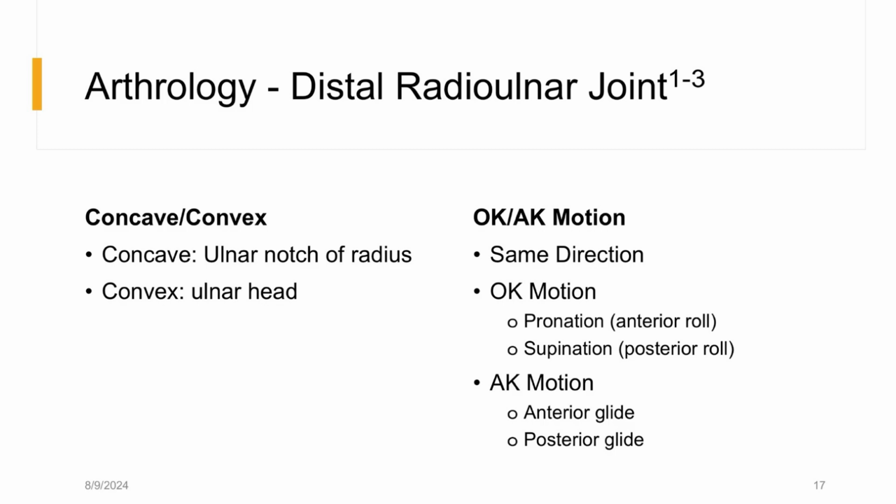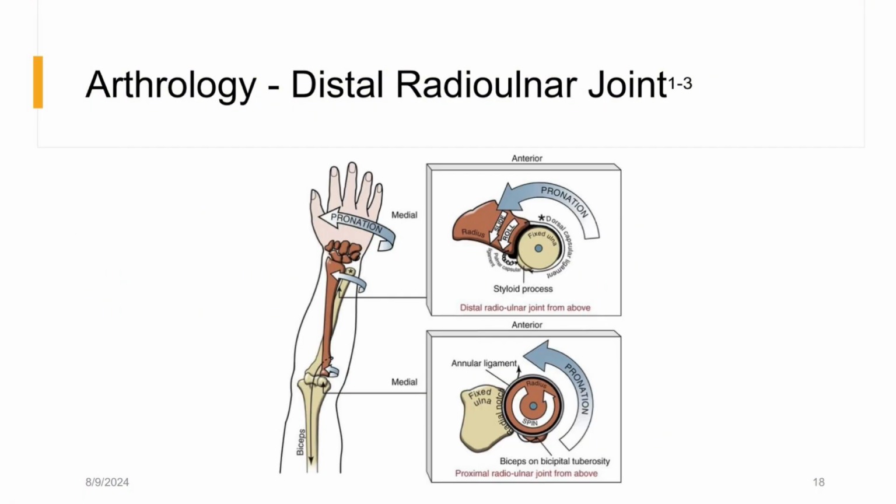With supination, you get a posterior roll and a posterior glide. Now this is a visual right here. So this is just a visual of this content, right? With pronation, you get an anterior roll, anterior glide. Supination, you get a posterior roll, posterior glide. But this is the visual showing you what you get with each of those.